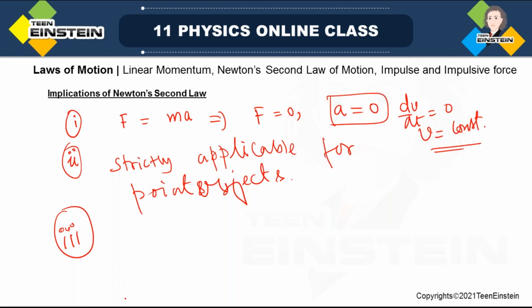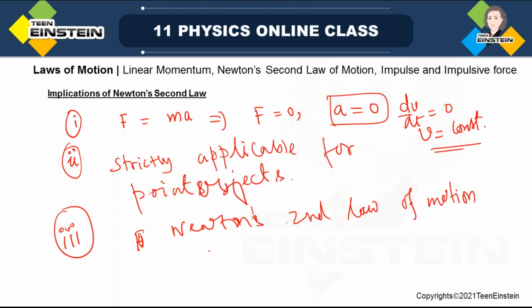The fourth implication is that it is very local. It is a localized phenomenon, so Newton's second law of motion is a local relation.